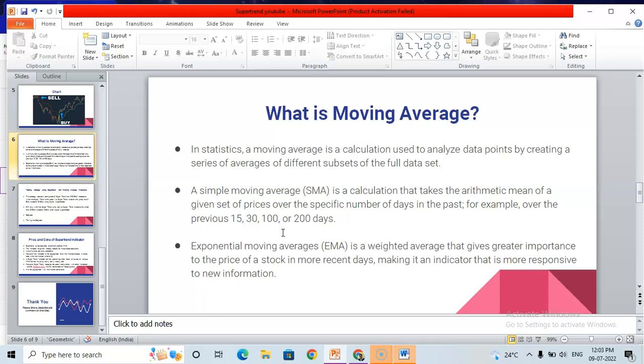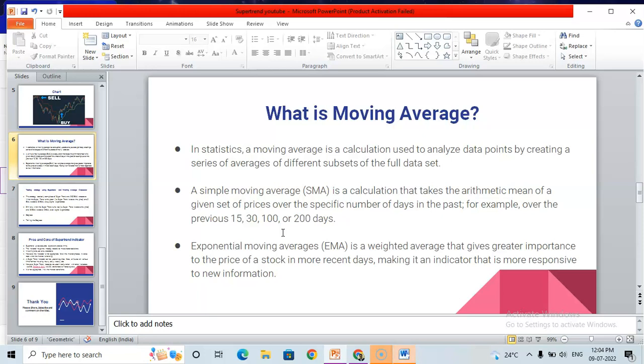There are two types of moving averages. One is the simple moving average, which gives you the prices over a number of days in the past. It calculates on a specific number of days, like 15-day, 30-day, 100-day, 200-day moving averages. Another one is the exponential moving average, which is a weighted average that gives greater importance to the price of the stock in more recent days.